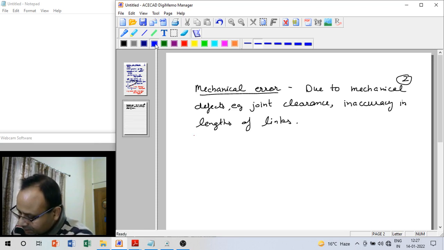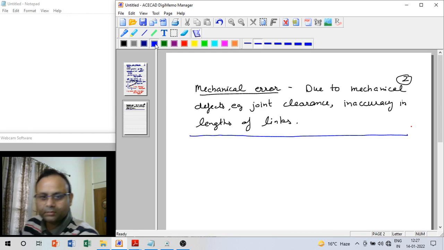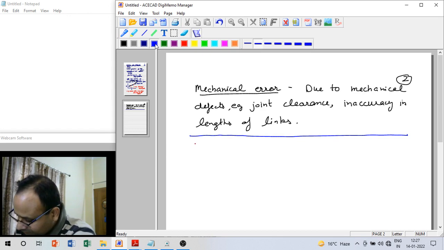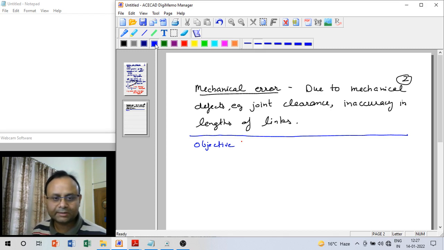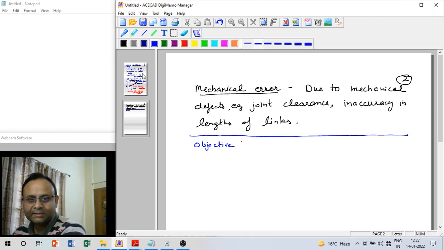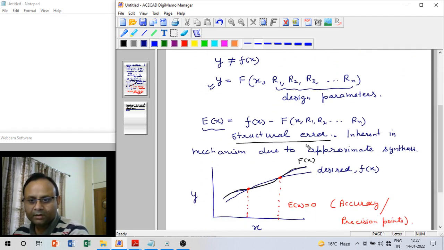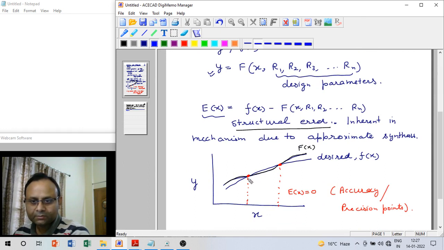Now it is obvious that we would like to minimize. Our objective will be, let us say we have to do a function generation, y is a function of x, and according to the problem we can only have say 3 or 4 accuracy points. So our synthesis is going to be approximate. Only at 4 points our error will be 0, but at other points we are going to have some error, but still our objective will be to minimize the overall error.